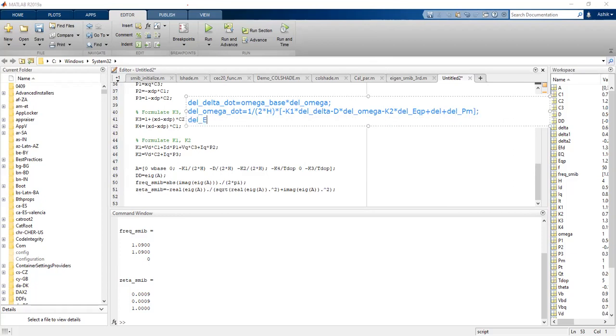The third state equation is del Eq prime dot equals 1 upon T do prime multiplied by minus K4 del delta minus K3 del Eq prime plus del Efd.